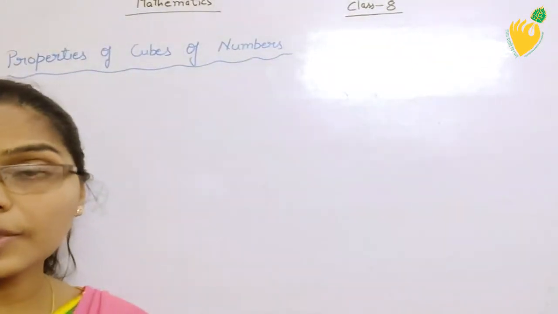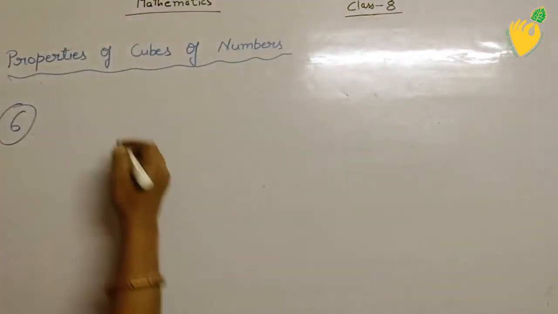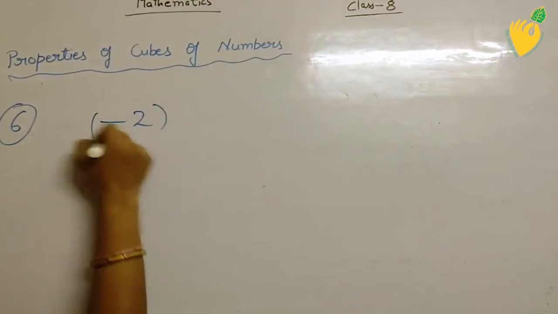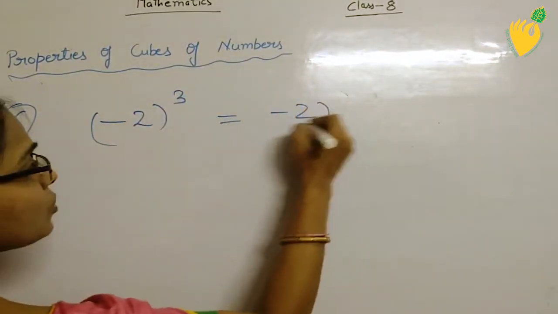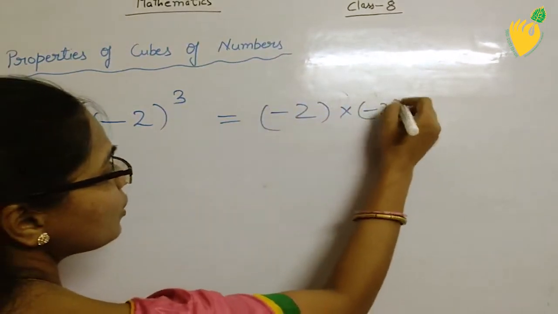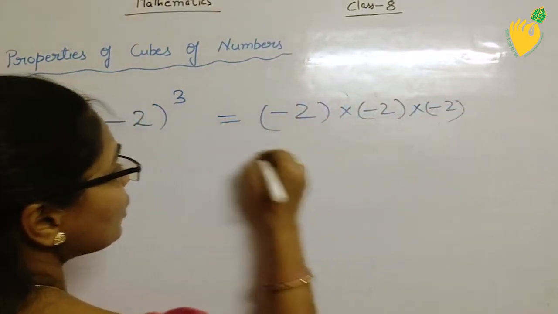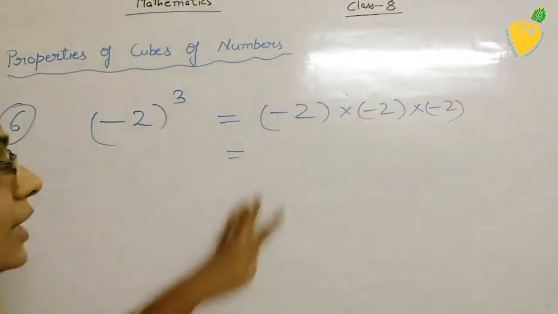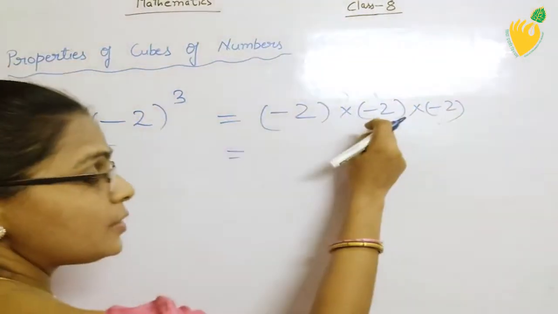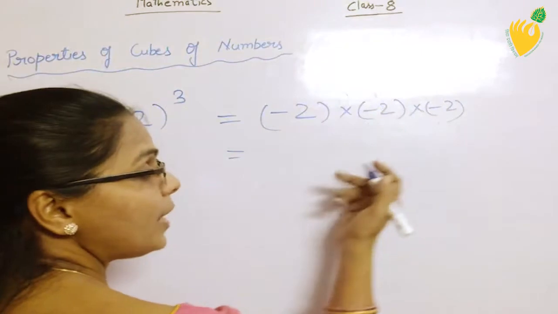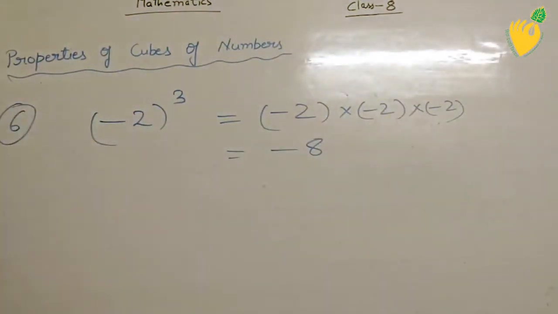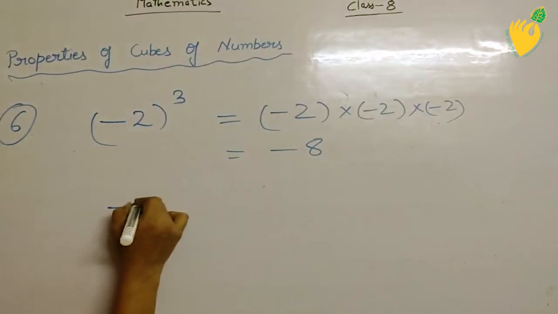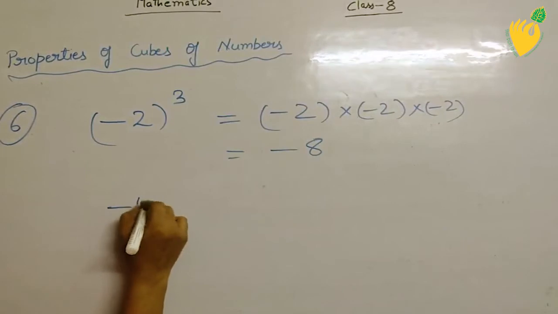So students, let's see the next property, that is, the cube of any negative integer is always negative. See how? Minus 2 into minus 2 into minus 2. First we will decide the sign. Minus minus is plus, and then plus into minus is minus, and then we will multiply the numbers. See one more example.